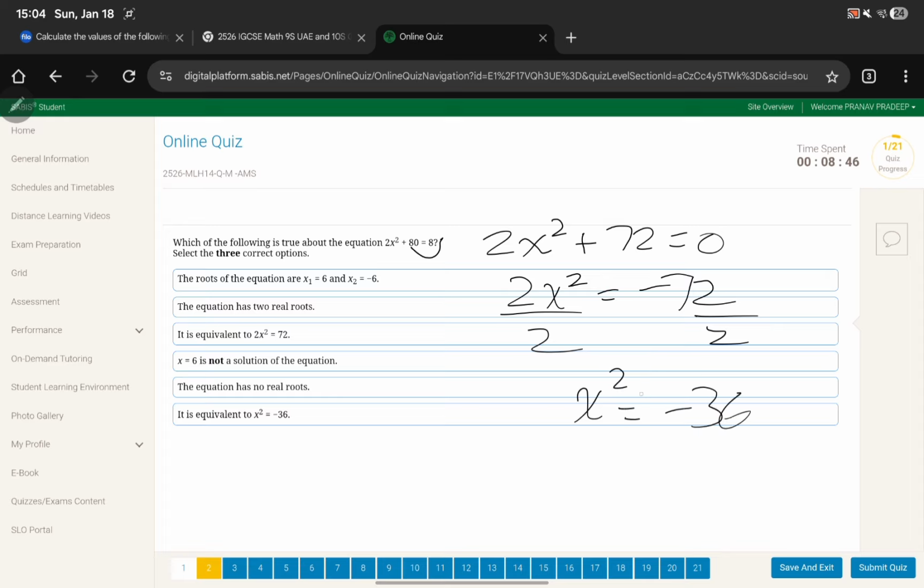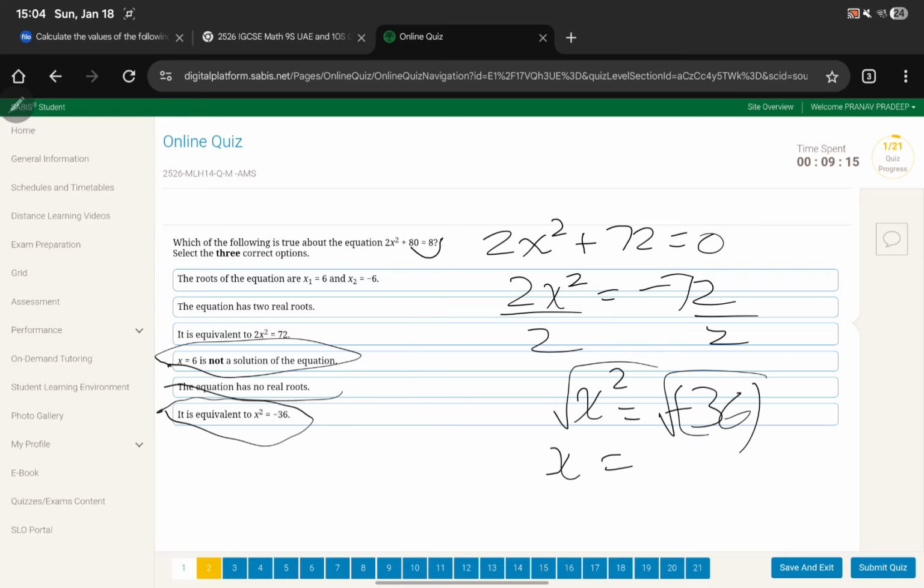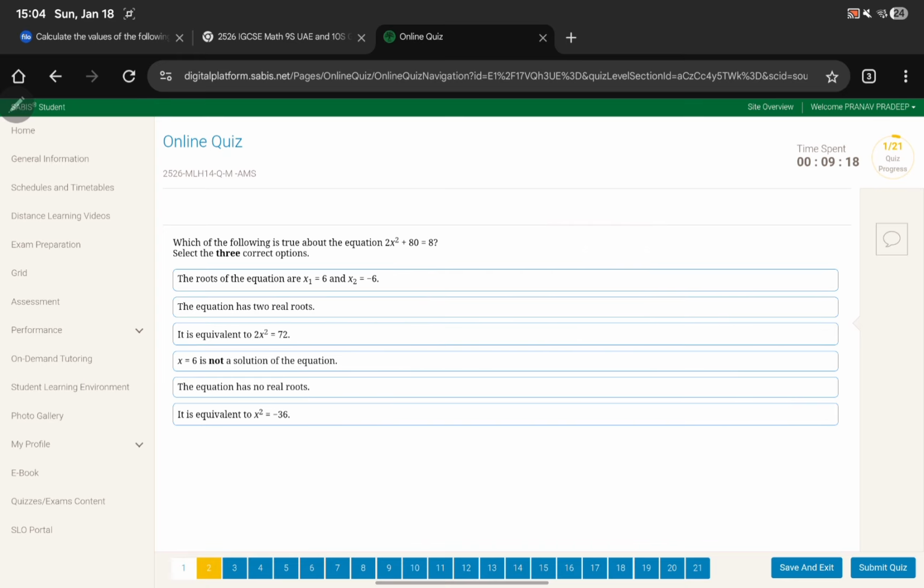This equation doesn't have any real roots, because the square root of a negative number is not real. So x equals 6 is not a solution, and the equation has no real roots. It's these three options.